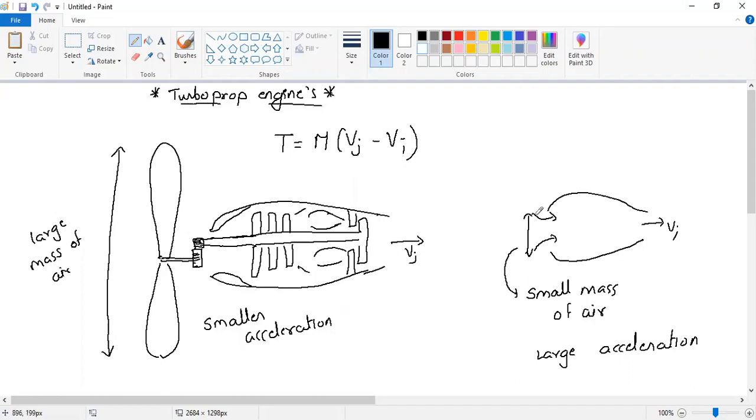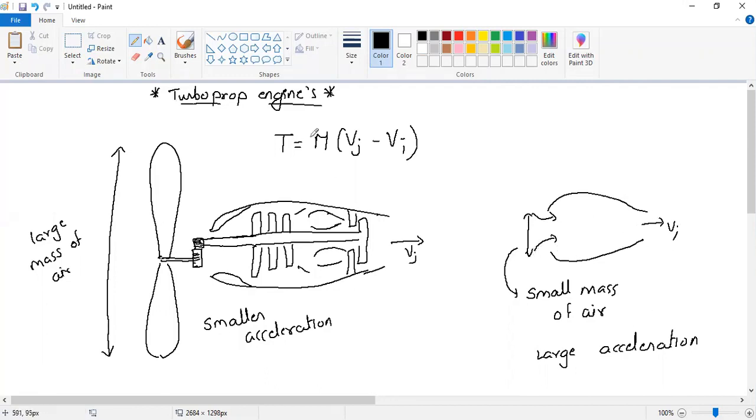If both of them are producing the same amount of thrust, if suppose this engine is producing 1000 pounds of thrust, then this will also produce 1000 pounds of thrust. In such a case, in turboprop engine, the propeller will take a large mass of air and accelerate it to a very small value, whereas your jet engine takes a small mass of air and accelerates it to a larger value.